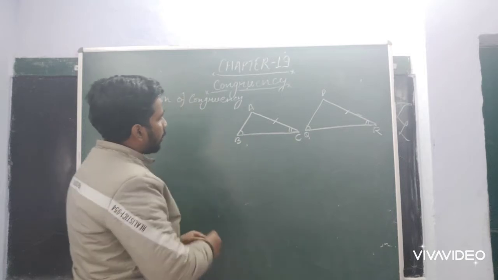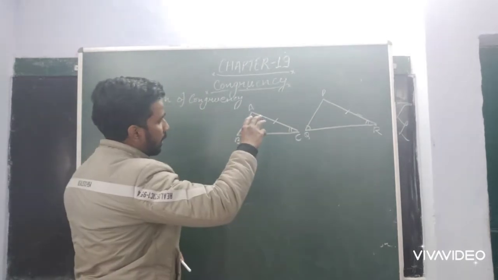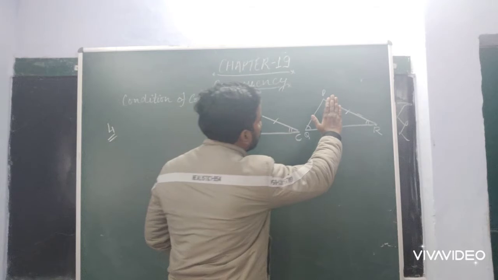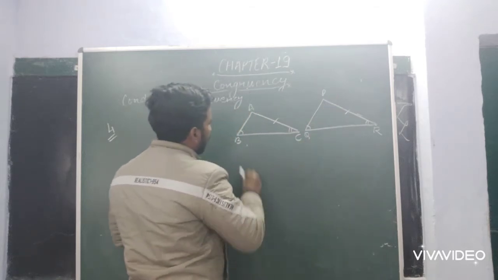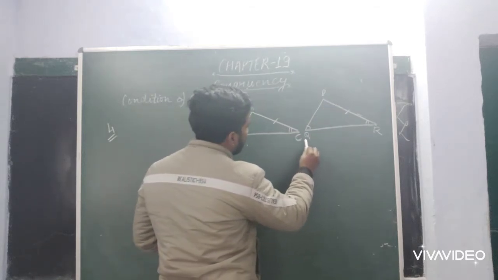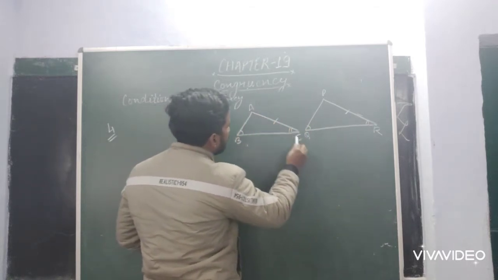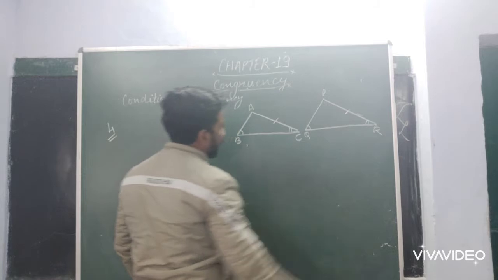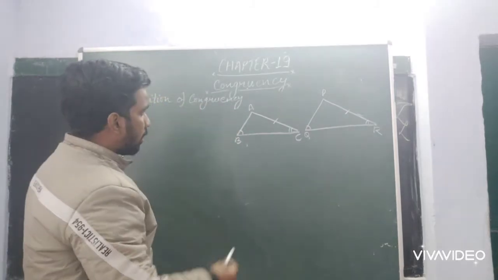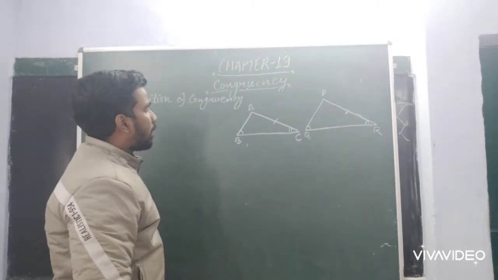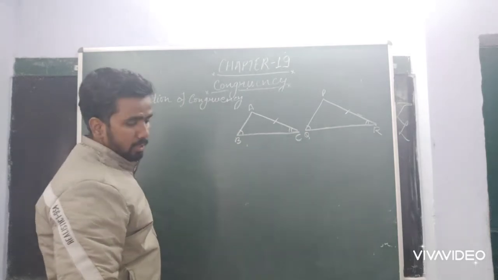If we take out this whole angle ABC and put it on PQR, then B equals Q, C equals R, and AC equals PR. Clear? This is how we can prove its congruency.